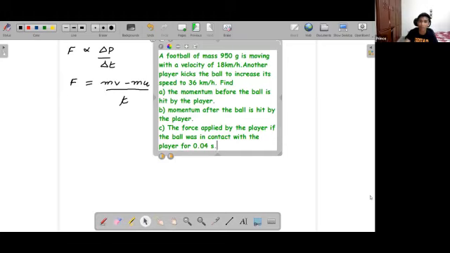The momentum before the ball is hit by the player. So what do you have to find out? Sir, momentum.